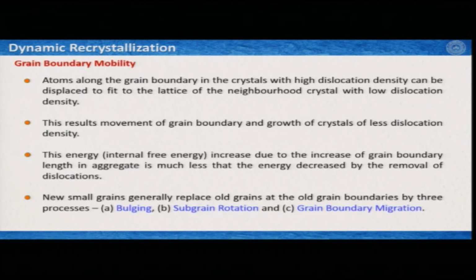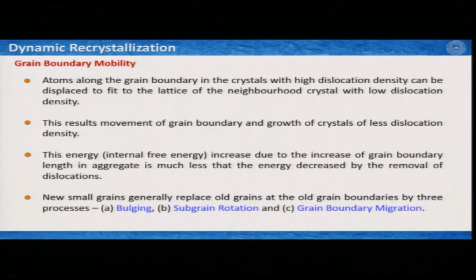We have learned that grain boundaries do move from one place to another to accommodate the deformation in dynamic recrystallization. So, what drives or what happens during this grain boundary mobility? Here are some points. Atoms along the grain boundary in the crystals with high dislocation density can be displaced to fit to the lattice of the neighboring crystal with low dislocation density.